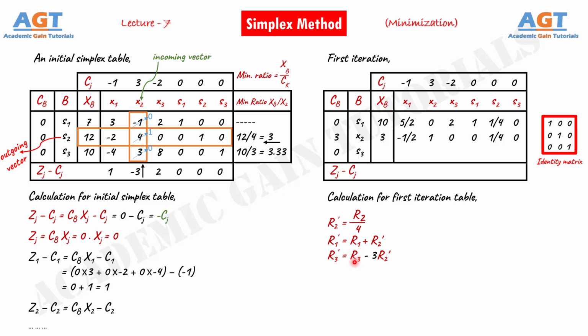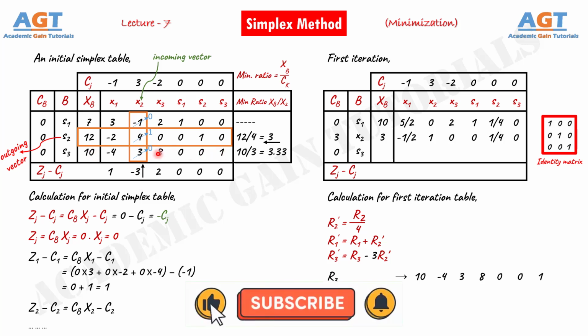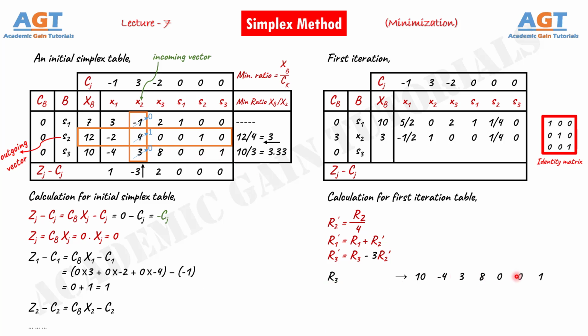So, let's see in rough. Here, we will write the values of R3 from the old row: 10, -4, 3, 8, 0, 0, and 1. We will write the values of 3 R2- from this new table, so we will multiply all elements of the R2- row by 3, and write here: 9, -3 by 2, 3, 0, 0, 3 by 4, and 0.